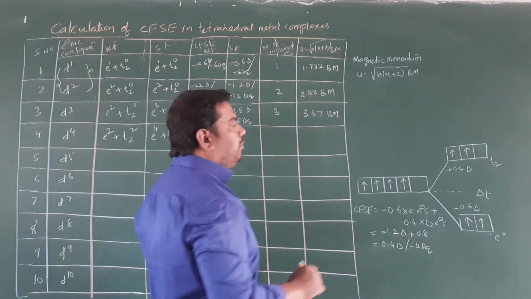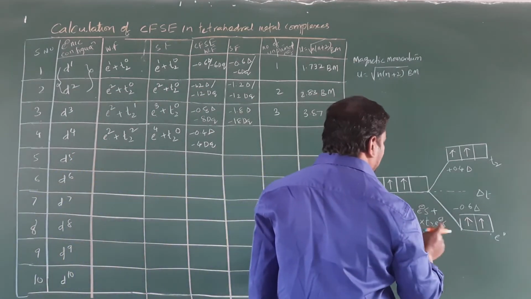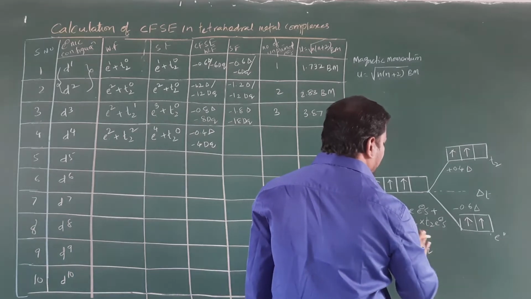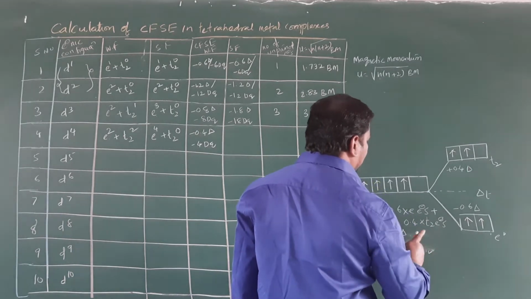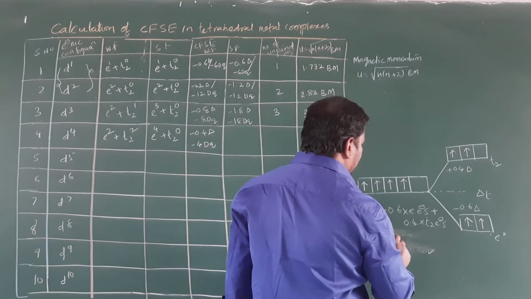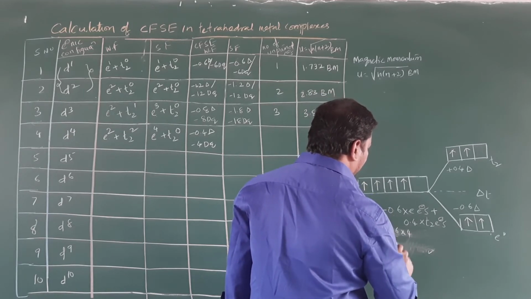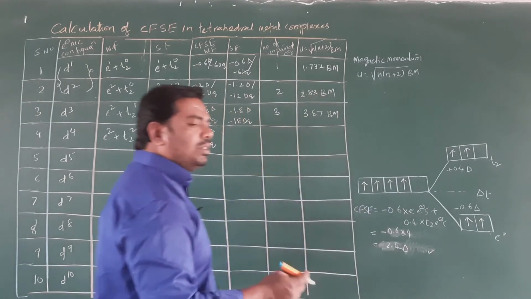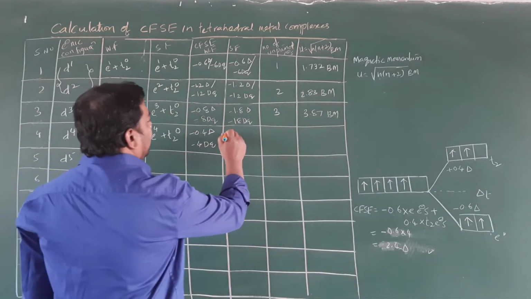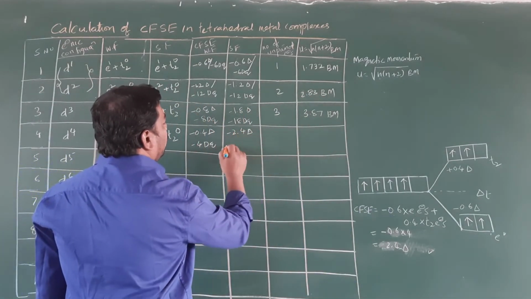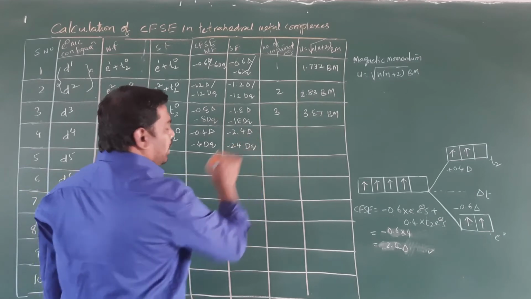Okay, clear? If it is a strong field metal complex, all the electrons are paired up here only, so there is no T2 electron. So that is 0.6 into 4, equal to minus 2.4 delta. The value is minus 2.4 delta or minus 24 dq.